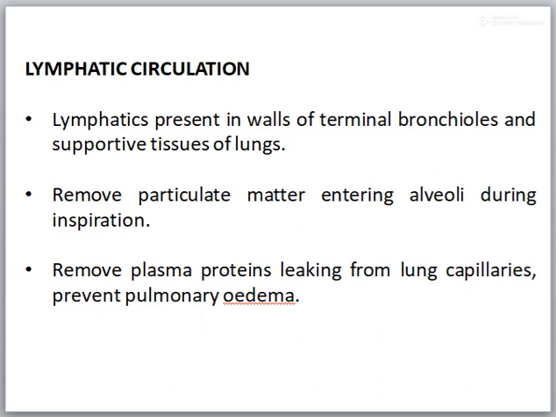The particulate matter that enters the alveoli during inspiration is removed by the lymphatic channels. They also remove plasma protein that leaks from the lung capillaries, and thus help in preventing pulmonary edema.